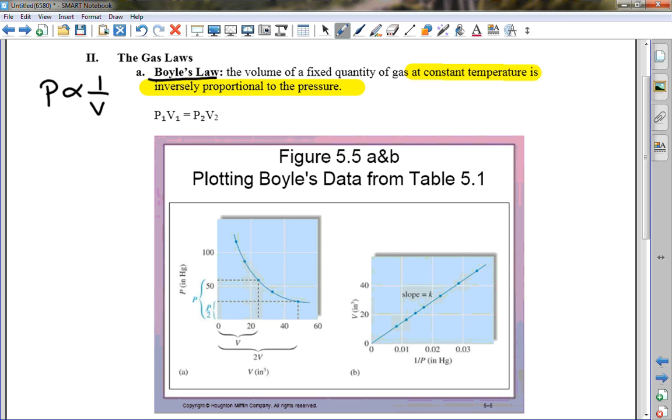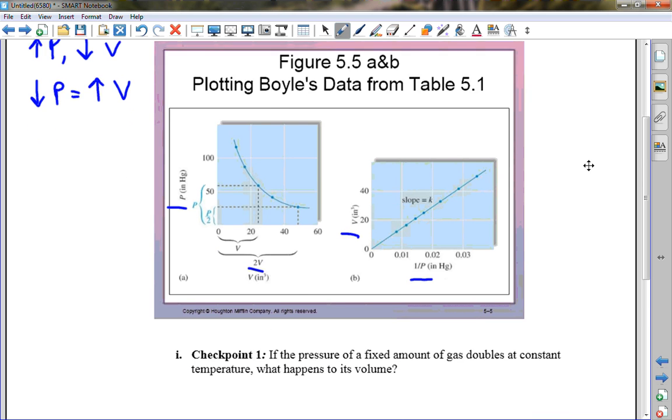When you look at this graph, you see pressure over here and volume, and here you have volume over 1 over the pressure. What this means is that as you increase pressure, you decrease volume, and the reverse is true: if you decrease pressure, you increase volume. As one goes up, the other goes down. I'll show you some examples. There's an example problem here in just a second.